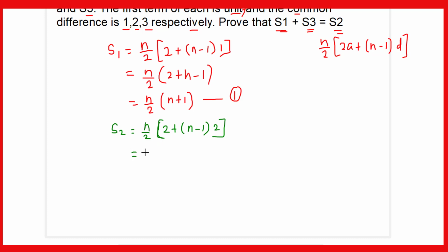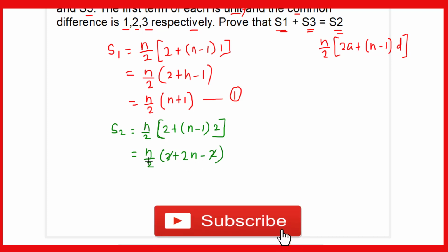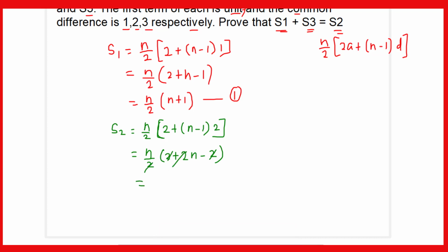So which is equal to n by 2 into bracket 2 plus, multiplying by 2 inside the bracket, 2n minus 2 close the bracket. 2 and 2 will get cancelled, so it will be n by 2 into 2n, so 2 and 2 will get cancelled and this will be n square. So S2 is equal to n square. So it is the second term.